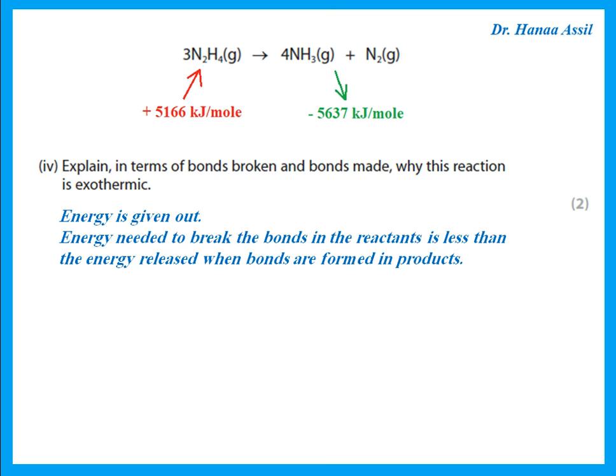When we form bonds in the products, that is exothermic, it releases energy, and the difference between them is the delta H. So if overall it's exothermic, that means that the energy given in to break the bonds in the reactants is less than the energy released when bonds are formed in the product.